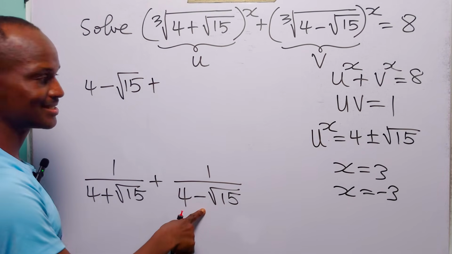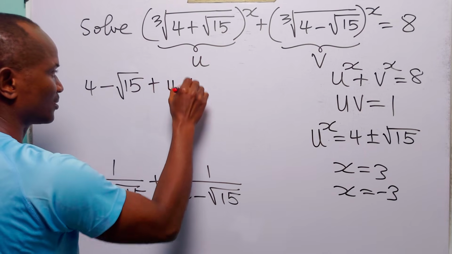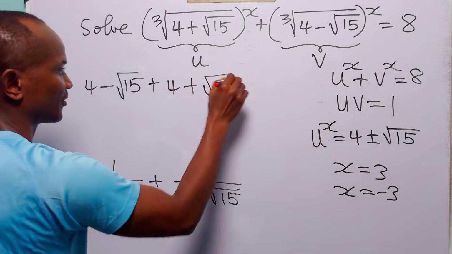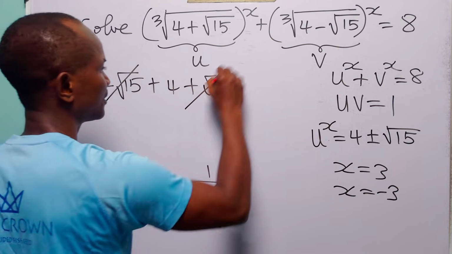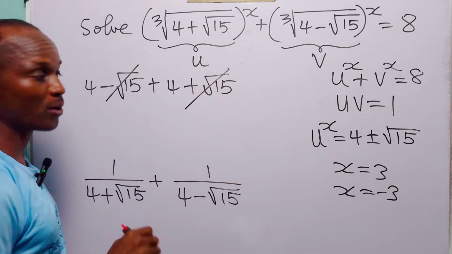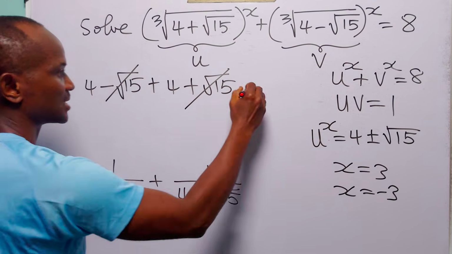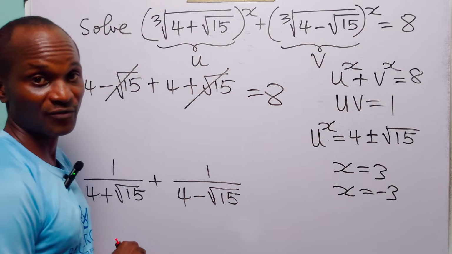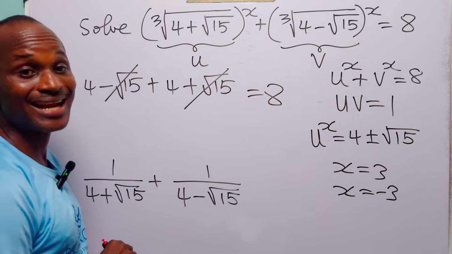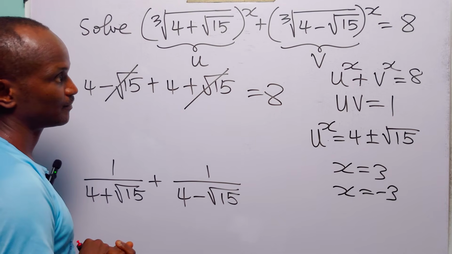When we rationalize this, we have 4 plus root 15. Once more, minus root 15 plus root 15 is equal to 0, and 4 plus 4 is equal to 8. So these two values of x satisfy the original equation.